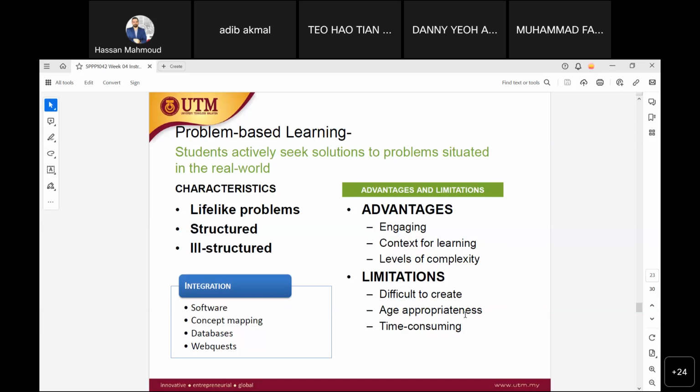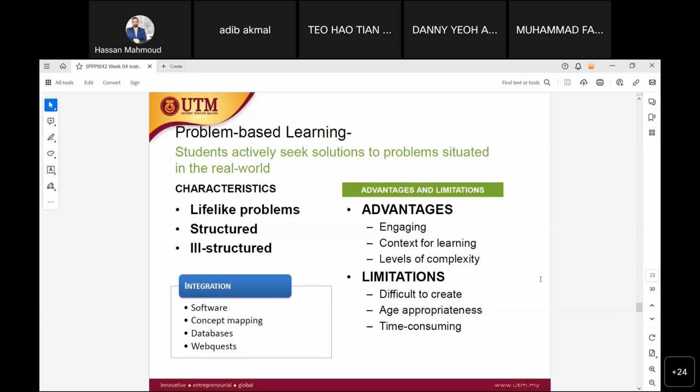Student-centered. Okay. So all the answers are student-centered, which is 100% correct, because we are very much depending on our students.